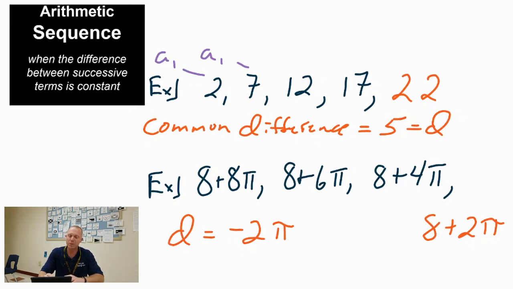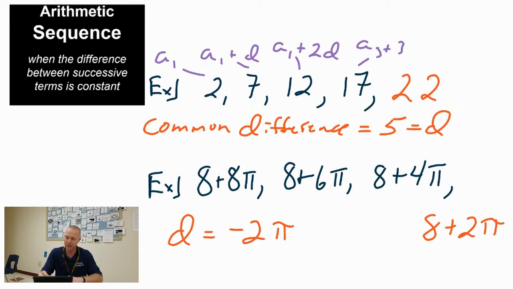Instead, we're going to describe it using a sub 1 and our common difference, in this case, a sub 1 plus d. How about the next term here? Could I describe this as a sub 1 plus a certain common difference? Well, yeah, if I'm starting at a sub 1, then I use 2 common differences. The next term could be a sub 3.